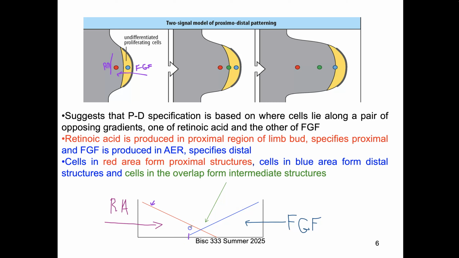So the idea is, if you're in the red zone, you're going to form proximal structures, and the more of the retinoic acid signal you're receiving, the more proximal structures you're going to form. And the less you have, the more towards the intermediate structures. On the distal side, the more FGF you have, the more distal the fates, until we get to this region in the middle where you have, again, meaningful amounts of both signals. You're going to get the more intermediate structures.